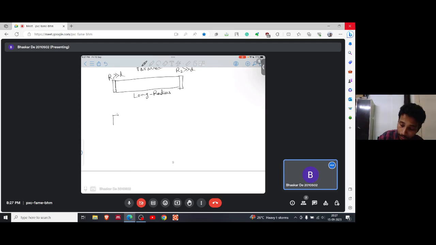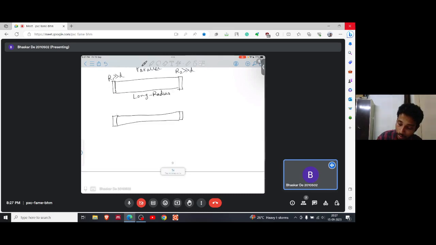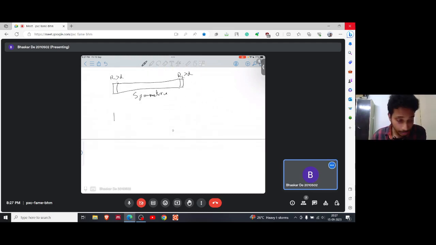Then we have this one, this is known as symmetric. So for symmetric it is R1 greater than D and R2 greater than D. So this is the symmetric cavity. Then the R1 is greater than 2D, and here R2 is equal to infinity.